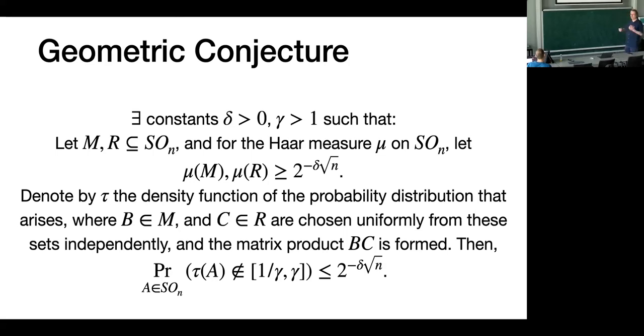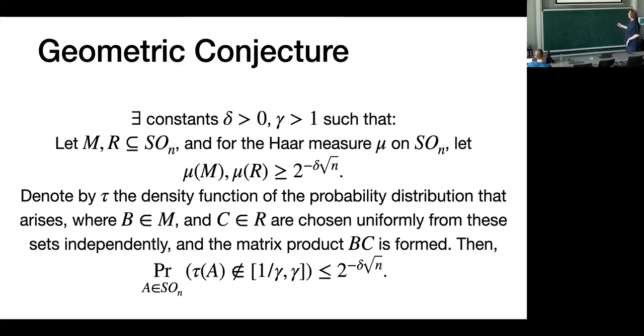Now we take a matrix from M and a matrix from R, chosen randomly from these sets, and multiply these two matrices. The claim concerns the density function of the probability distribution that arises when you form this product: take B from M independently, take C from R, multiply the two, and that gives you a probability distribution again on the special orthogonal group.